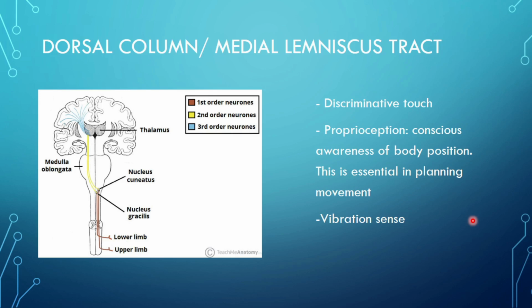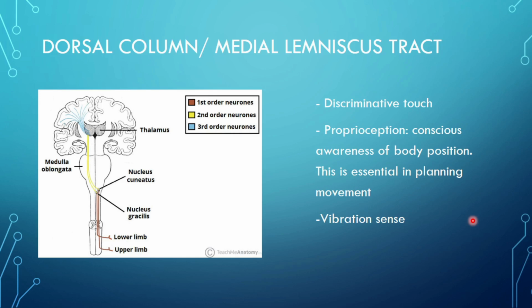So, as I said, we have 3 neurons in the pathway. The first order neuron is a peripheral nerve. So let's use T1 again, since we used it in the last example. Let's say I'm holding my pen in my hand, and I am aware that the pen is in my hand, or I'm moving it around and I know that there is a pen in my hand.